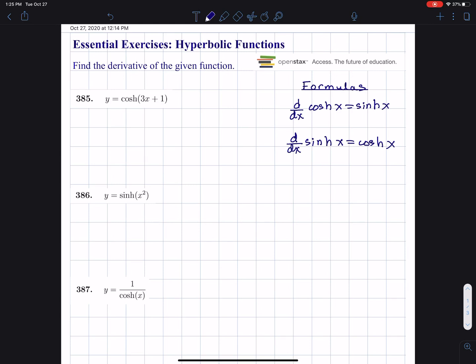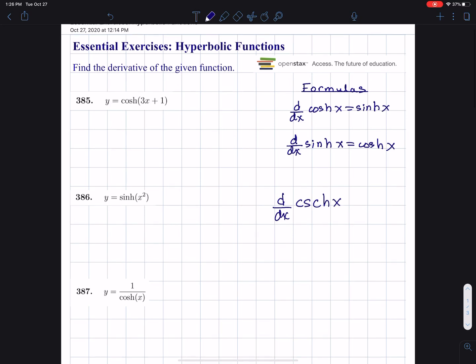Those are the reciprocal functions, like hyperbolic cosecant x, hyperbolic secant x, and hyperbolic cotangent x. The ones that are not reciprocal functions, hyperbolic cosine x, hyperbolic sine x, hyperbolic tangent x, don't have a negative in front.